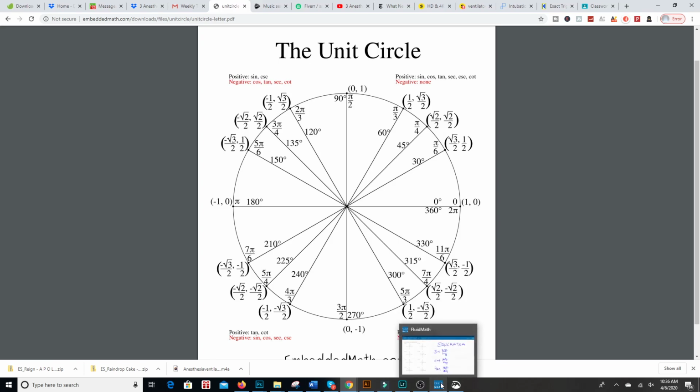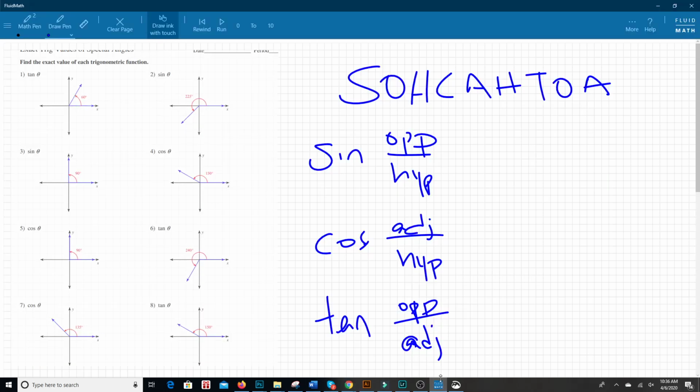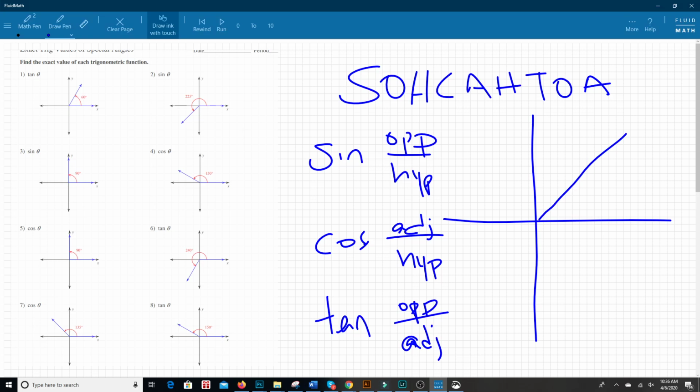So we know it's 1/2 and radical 3/2, and this is 60 degrees.